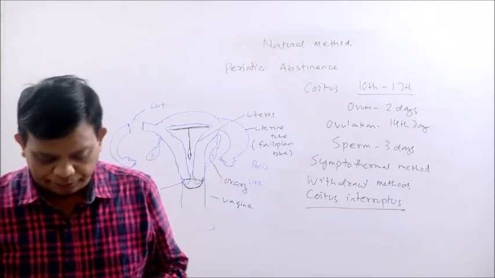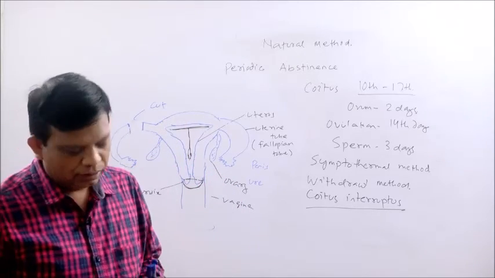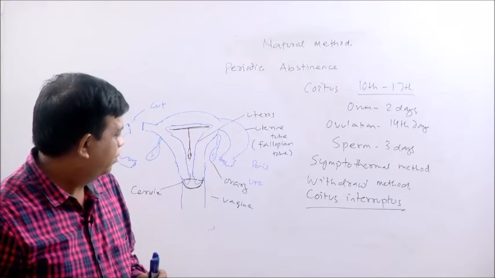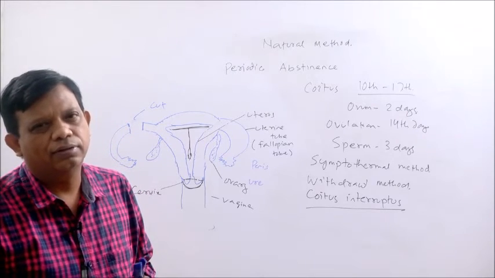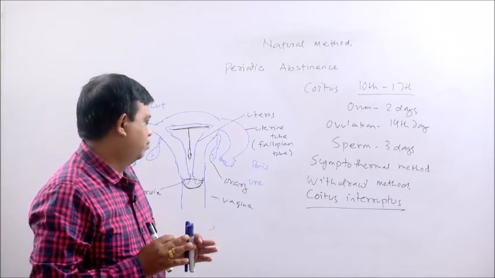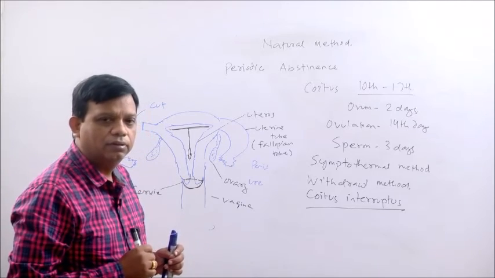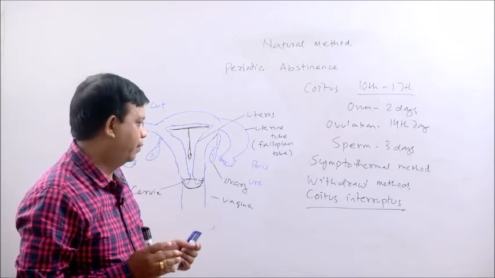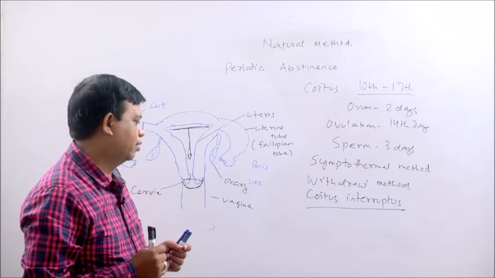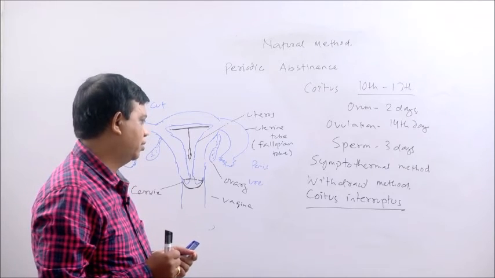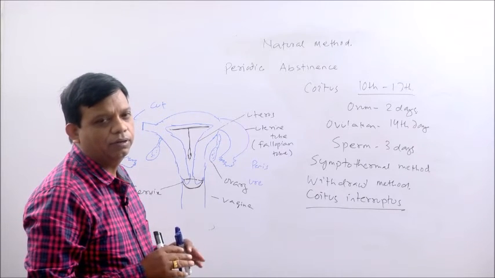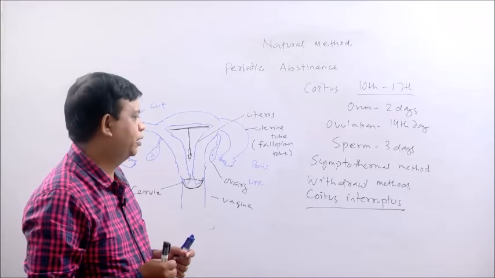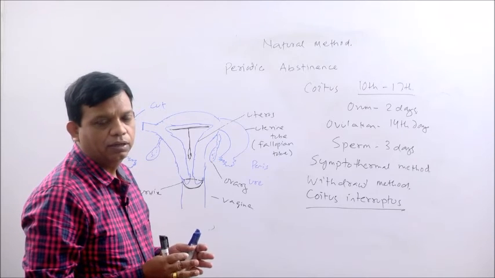In this method, the male partner, before ejaculation, removes his penis from the genital tract of the female, so that there will be no release of sperms in the genital tract of the female.